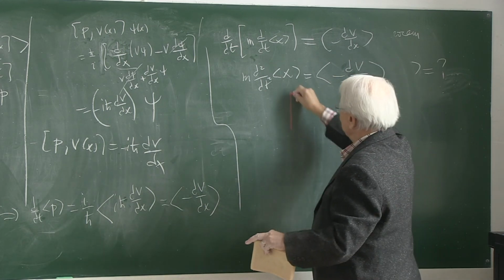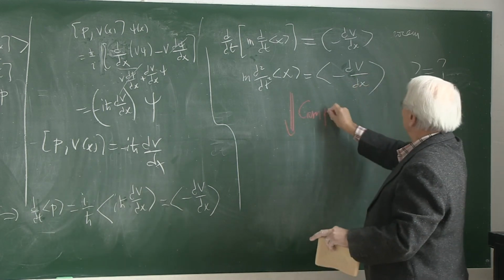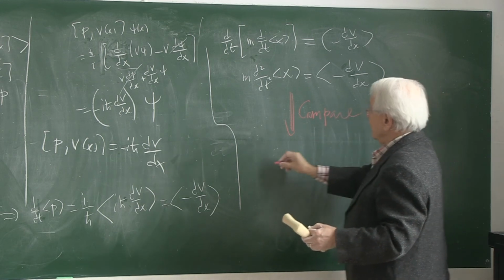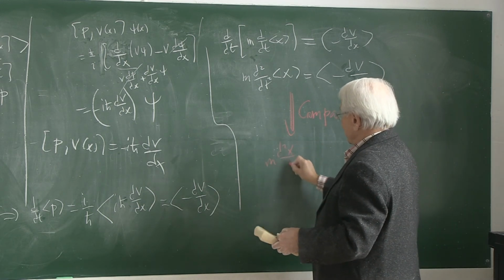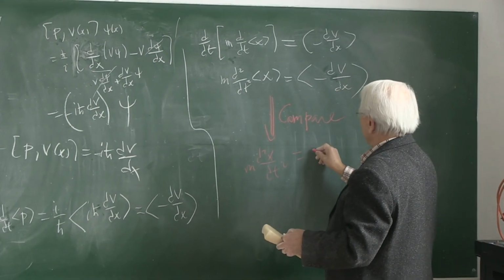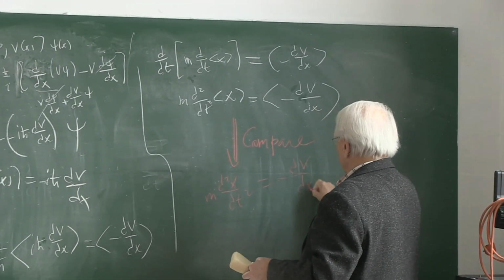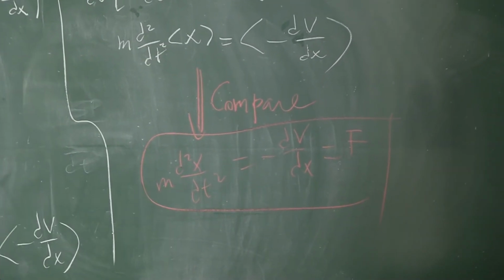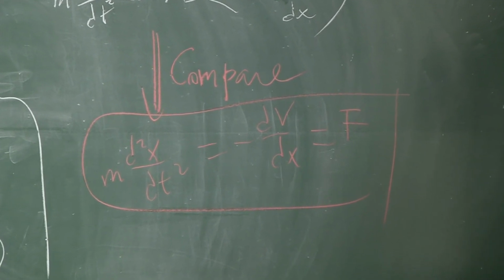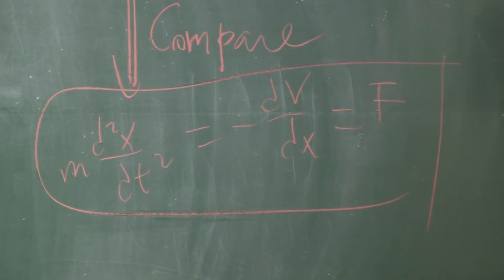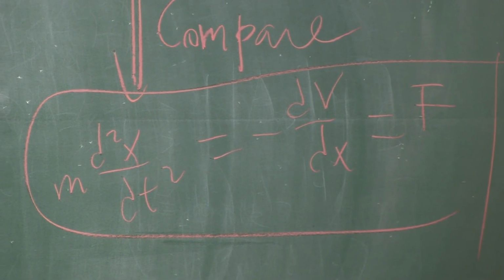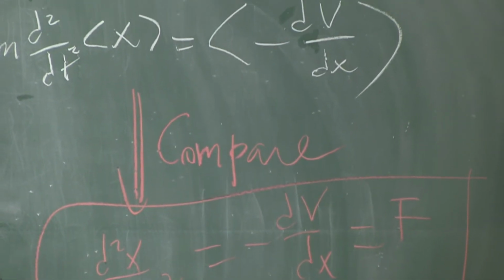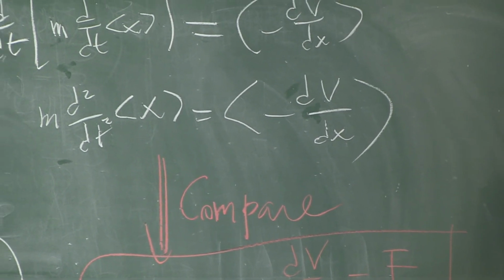Compare. That's Newton's equation, right? m d squared x dt squared is the force F, which is minus the gradient in one dimension of the potential, and this is obtained at the level of expectation values.